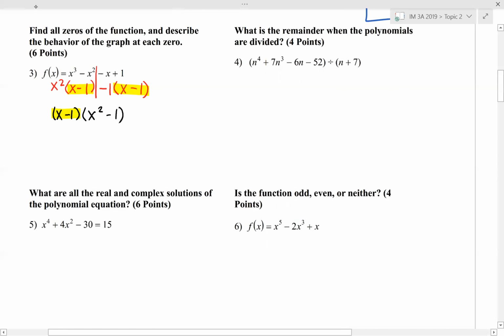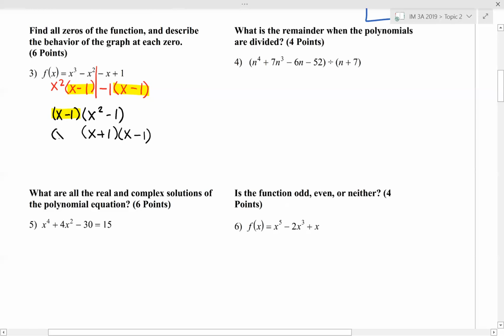Whenever I have a quadratic left over as a factor, I want to determine, can I factor this again? The only way I'm going to be able to factor it again is if it's a difference of 2 squares, which this is. And so I know that the square root of x squared is x, and the square root of 1 is 1. So this is going to factor to x plus 1 times x minus 1.